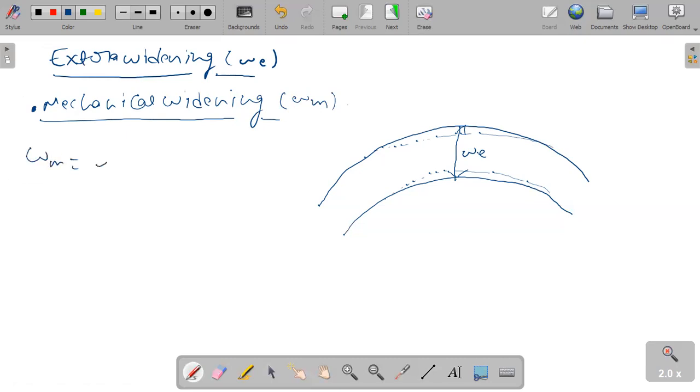Wm is equal to L square upon 2R minus Wm, which is approximately equal to L square by 2R. This is our mechanical widening, where R is obviously the radius of the curve.